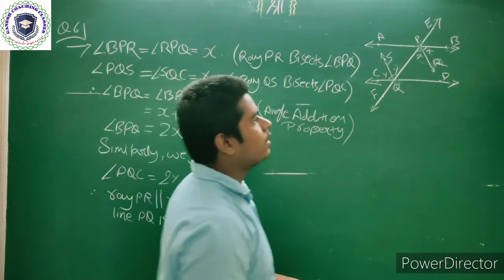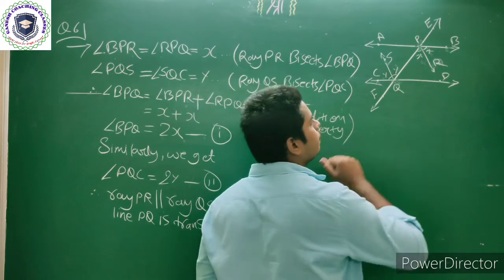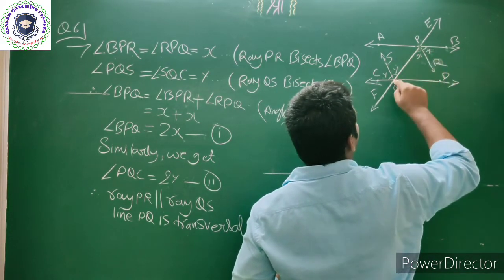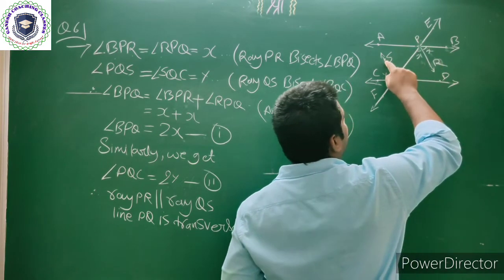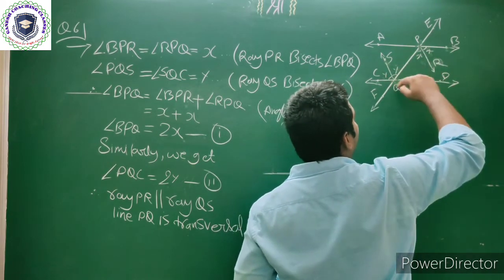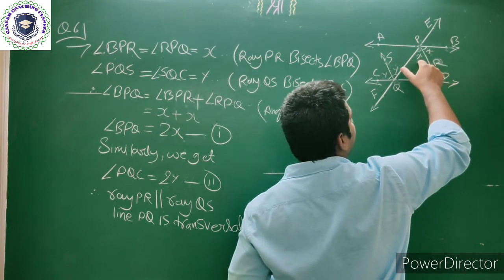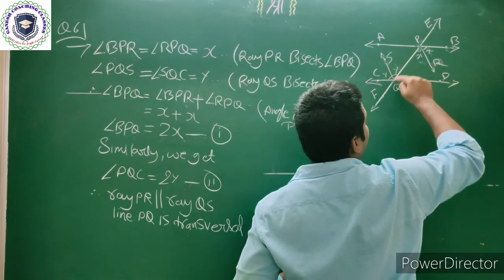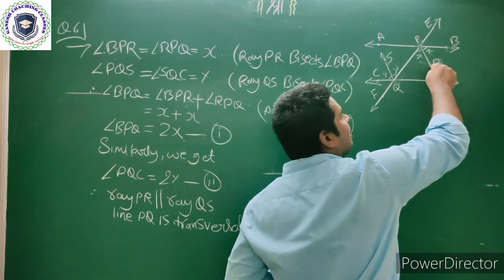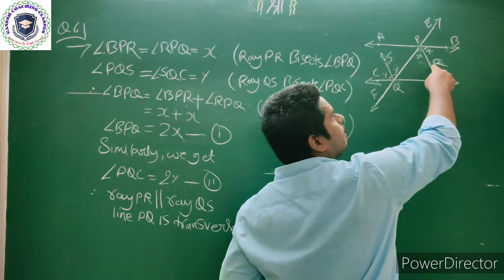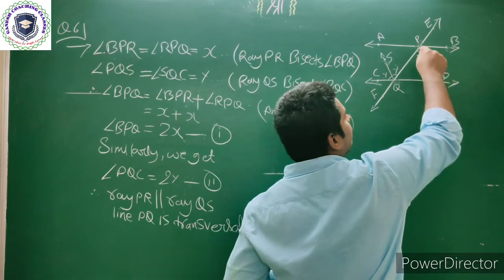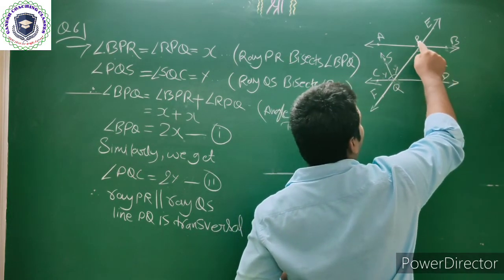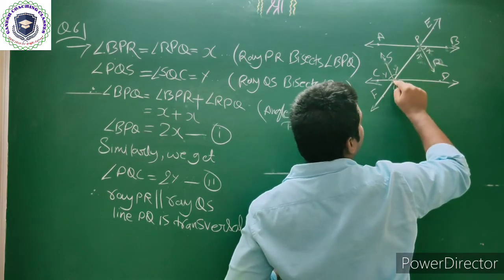Now look into the figure: RPQ and PQS. Which figure are we getting here? That is Z. Z means alternate angles. Which two angles are inscribed in this Z? That is angle x and angle y, meaning RPQ and PQS.